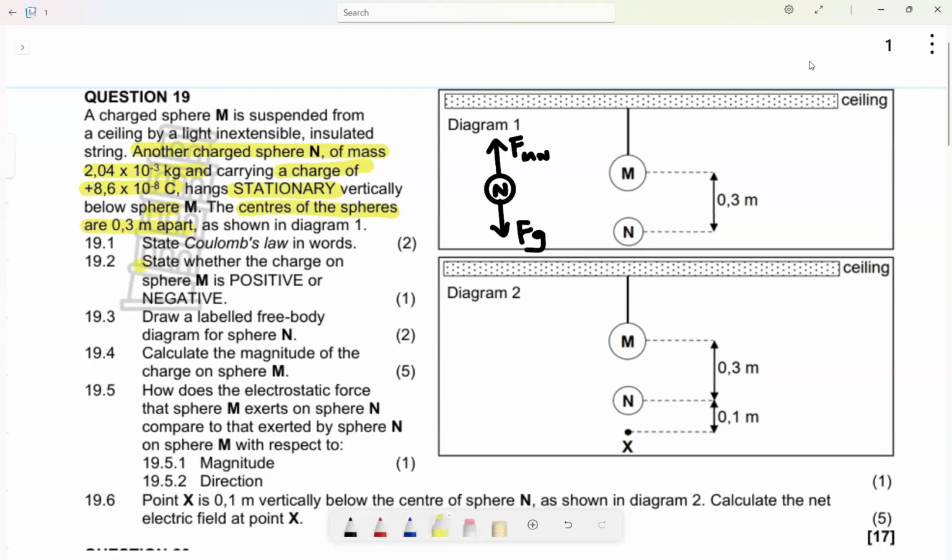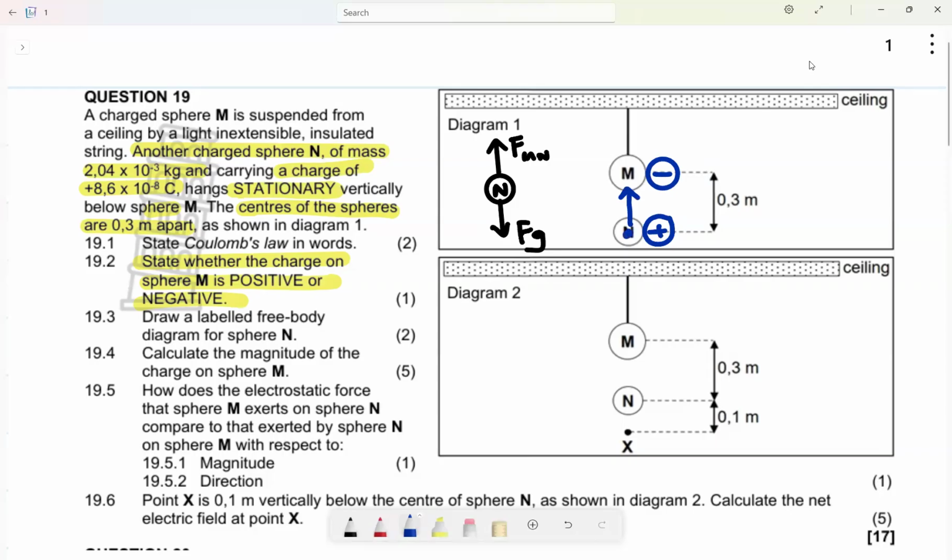State whether the charge of M is positive or negative. Let's look at N first. N is positive. For us to have balanced forces, the electrostatic force they exert on each other should pull N upwards. So if N is positive, M should be negative, so that M can pull N upwards.